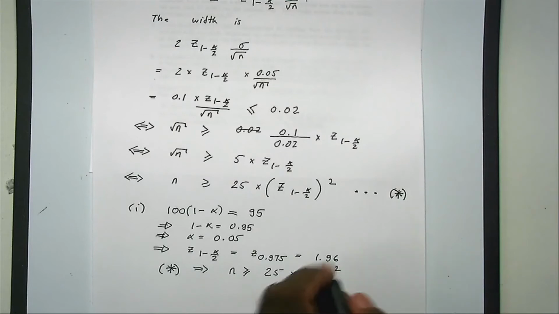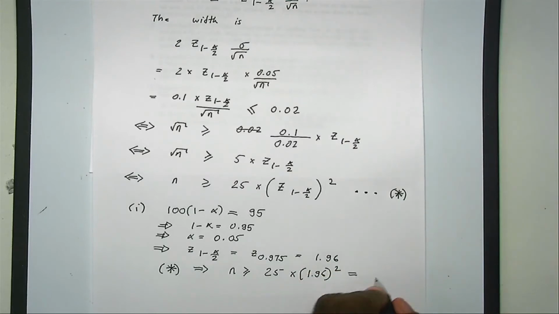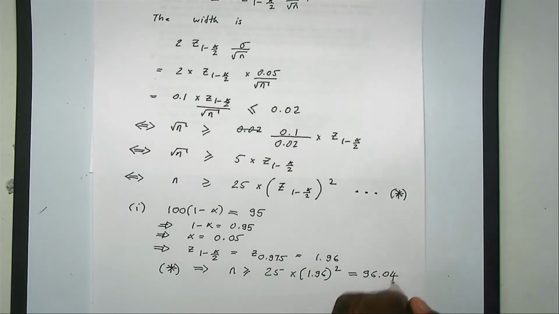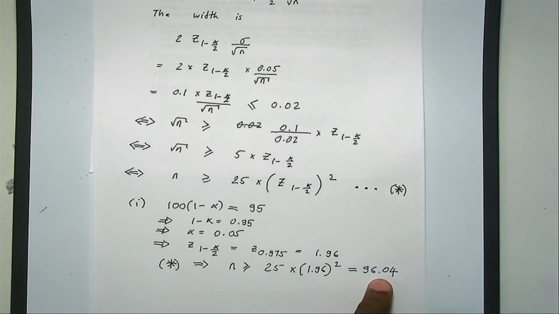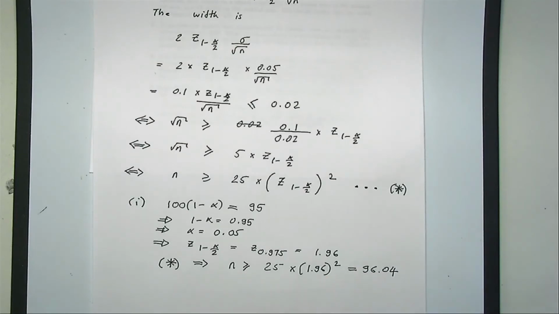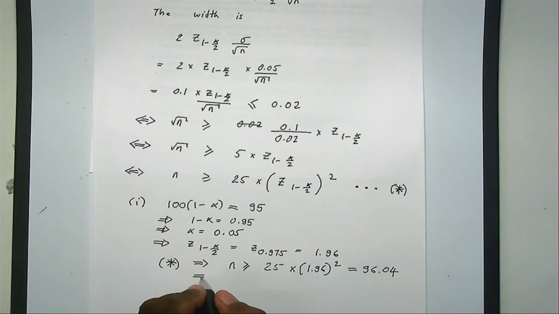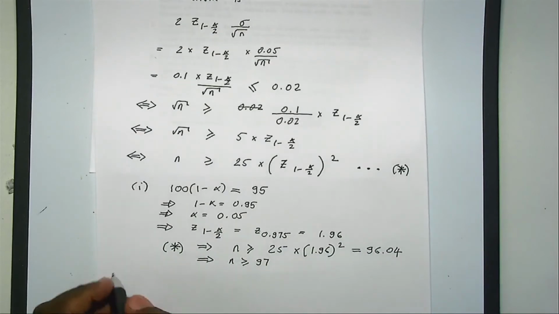Which is approximately equal to 96.04. So you would say that the sample size should be greater than or equal to 97, because you cannot have a sample size like this. So the minimum sample size should be 97. Okay. So that's part 1.